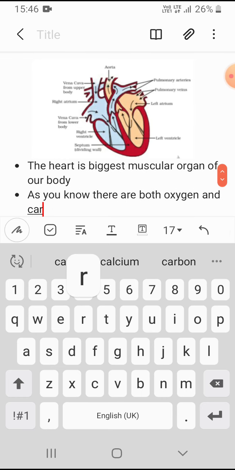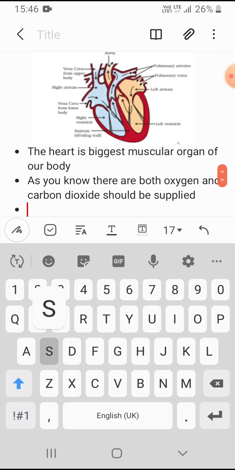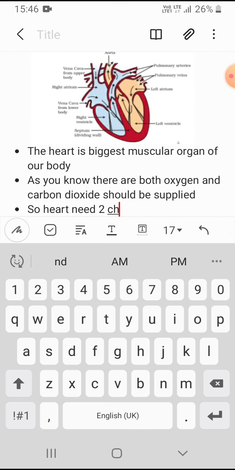Oxygen is supplied and carbon dioxide comes back, so both should be supplied. So the heart needs two chambers for that.